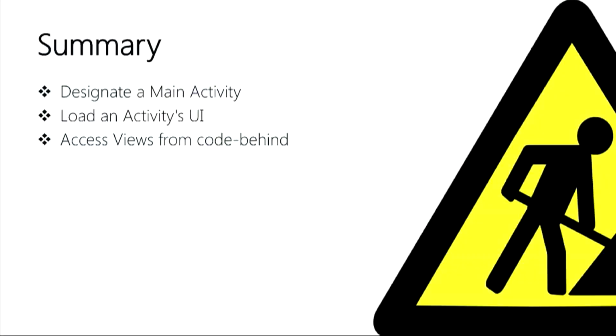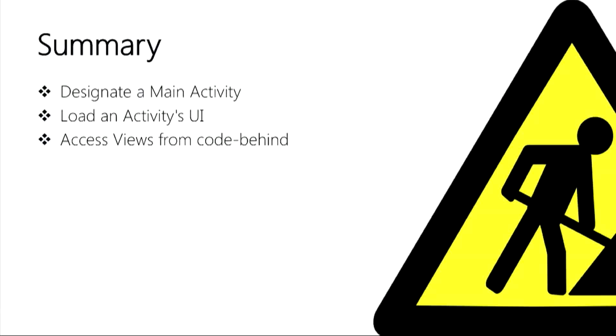In this section, we looked at the code behind for an activity. We started by verifying that our activity was actually designated as our entry point, and it was. That part was actually done for us by the starter template code. Then we saw how to load an activity's UI. And that's not something that happens automatically. In your code behind, you have to call SetContentView and give it the identity of your layout file.